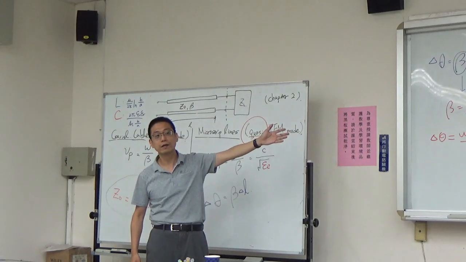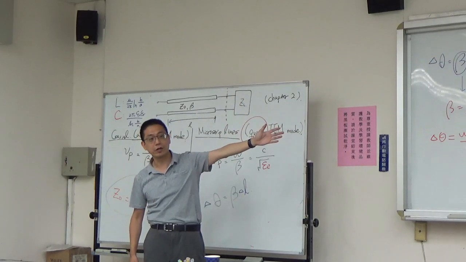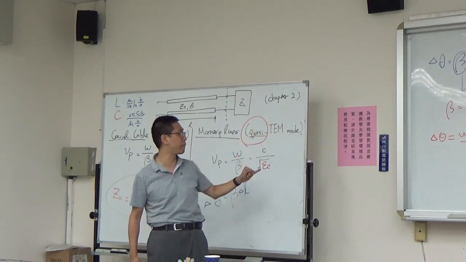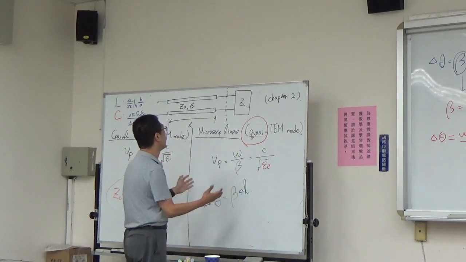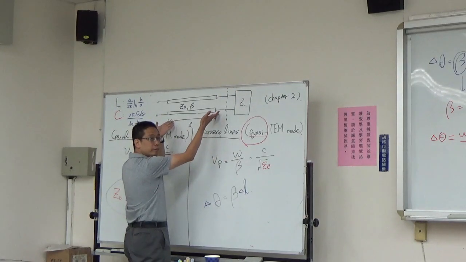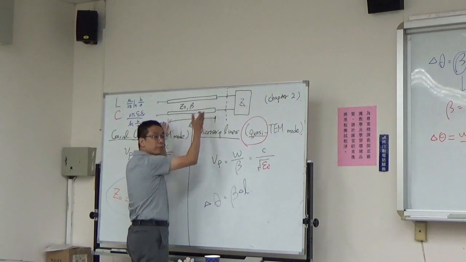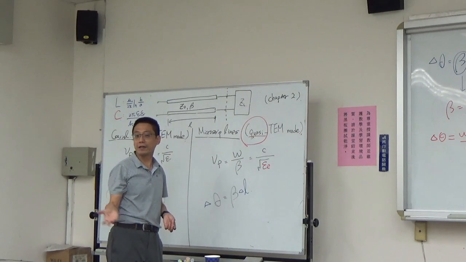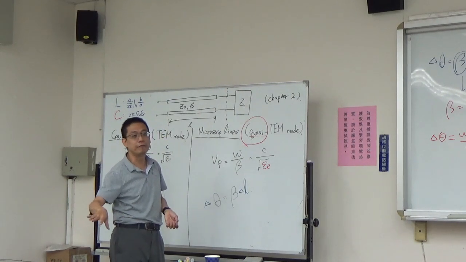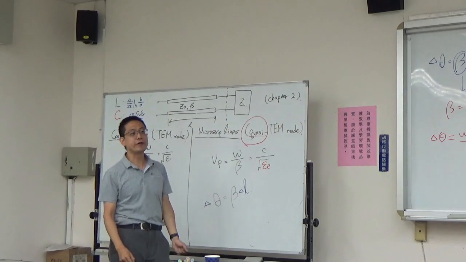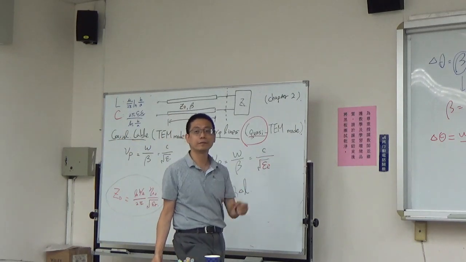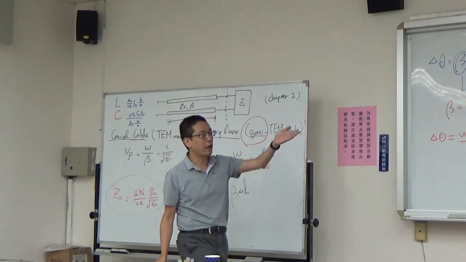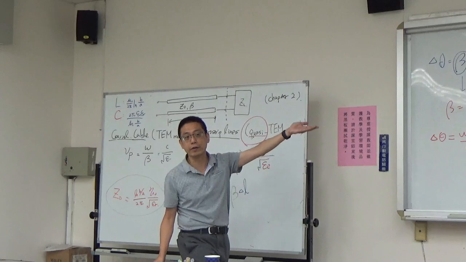Okay? You use the geometry to obtain Z0. You use the geometry to obtain the beta. Then you can do all the equations of what we asked in chapter 2, again, but for a different type of high frequency transmission line. Are we good? Okay. I don't need to explain, they are numerical results.